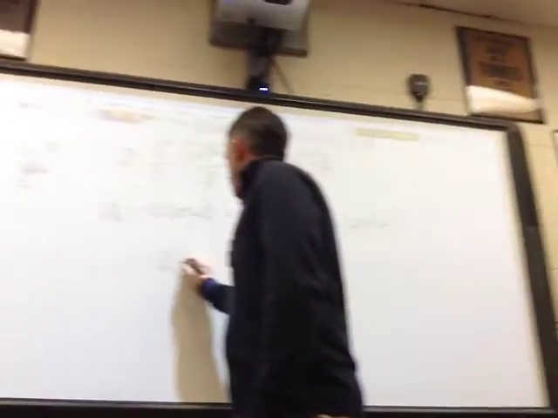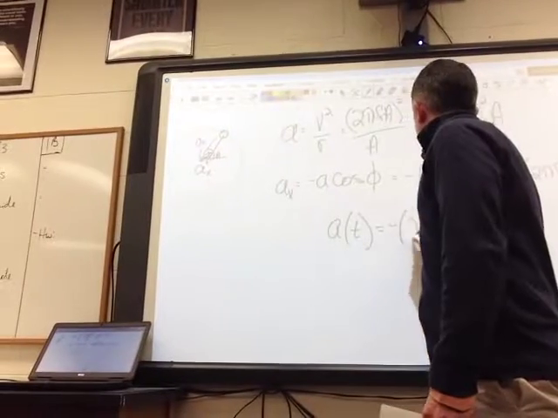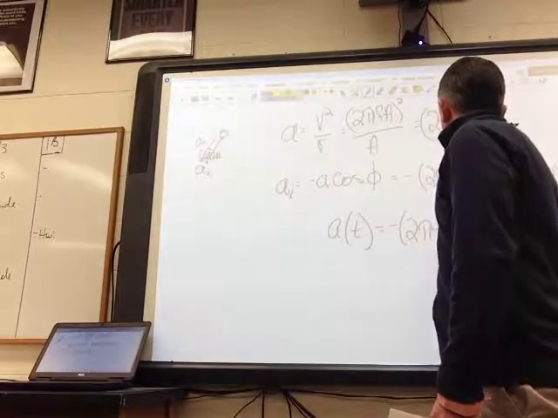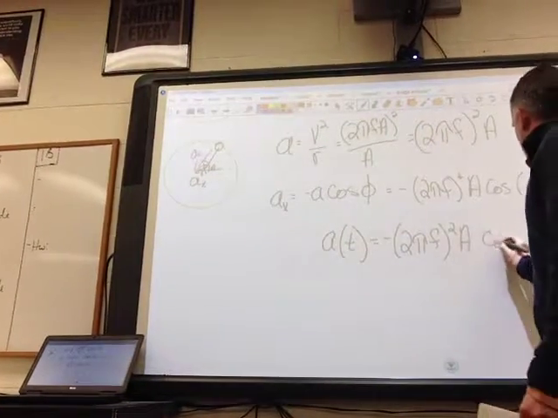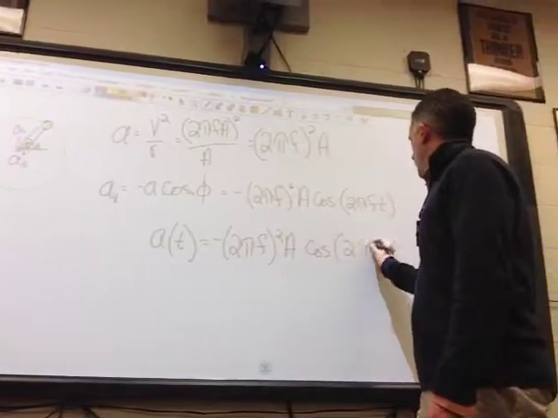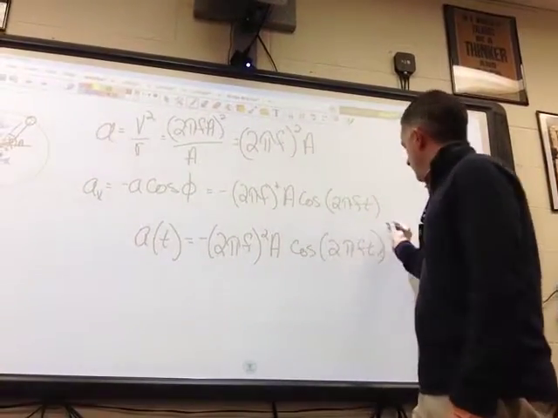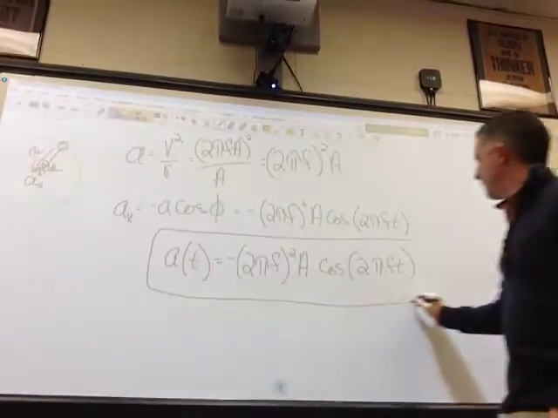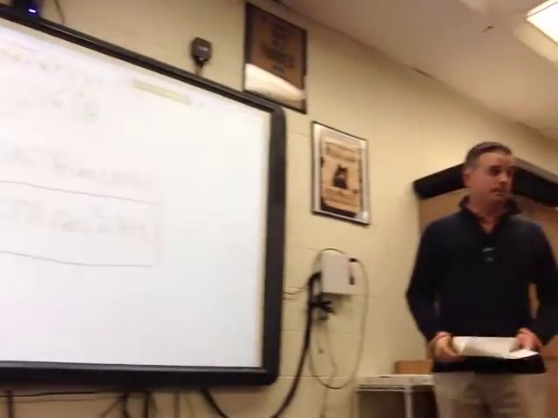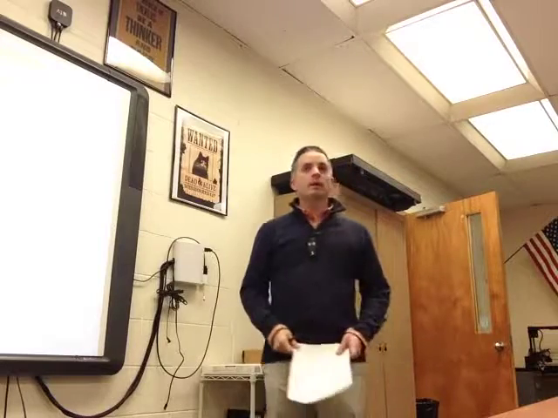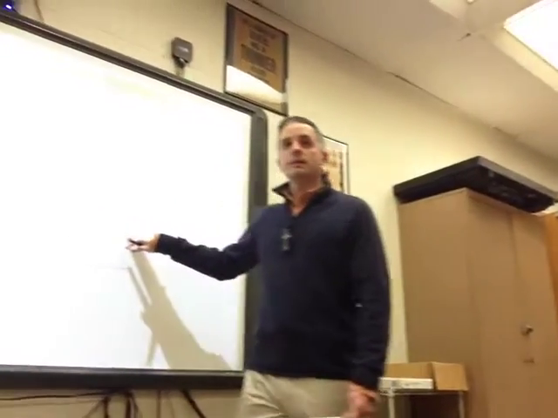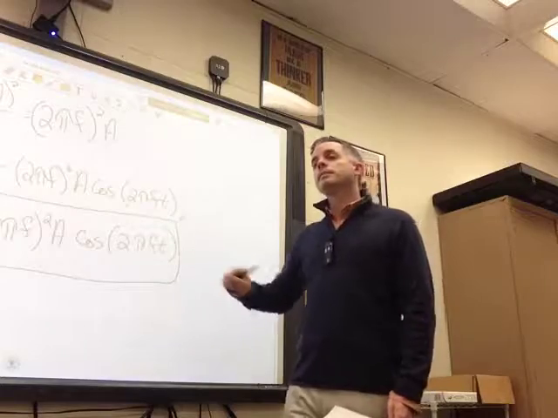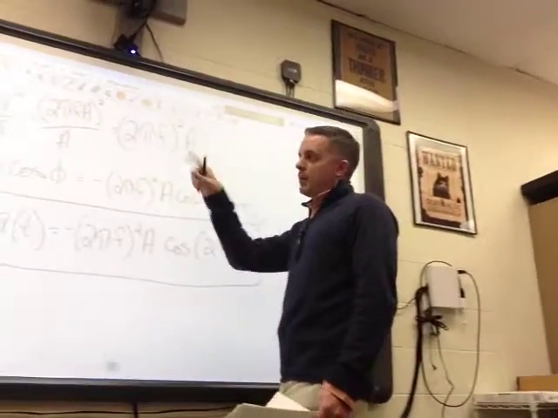So just to put that together, that's equal to negative (2 pi f) squared A cosine of 2 pi f t. And that's that. Make sense? So that's the acceleration of that object at any point.